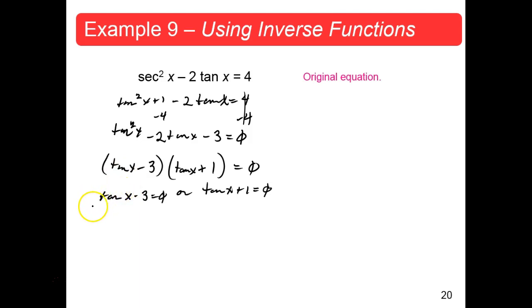Now, what do you do to the first one? Add 3 to both sides. And that gives you either tangent x is equal to 3, because that adds a 0, or subtract 1 from both sides, and that gives you tangent x is equal to negative 1.